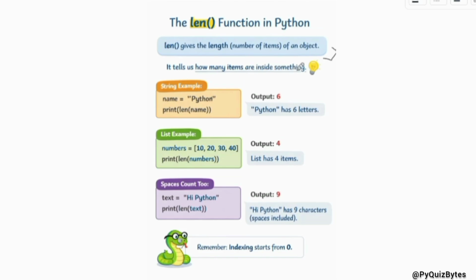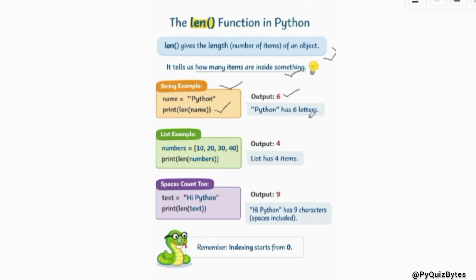So in simple words, length tells us how many items are inside an object. Let us look at some examples. Here you can see a string as an example, name equals to Python. When we perform the len function on this name, it will give the output as 6. Why?